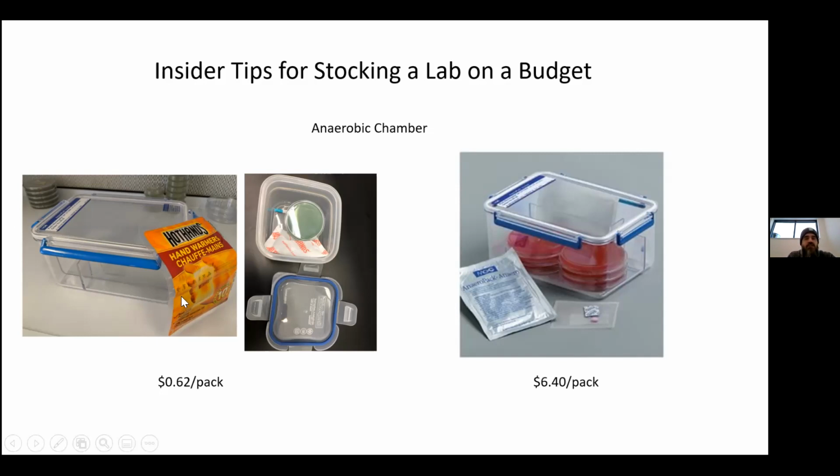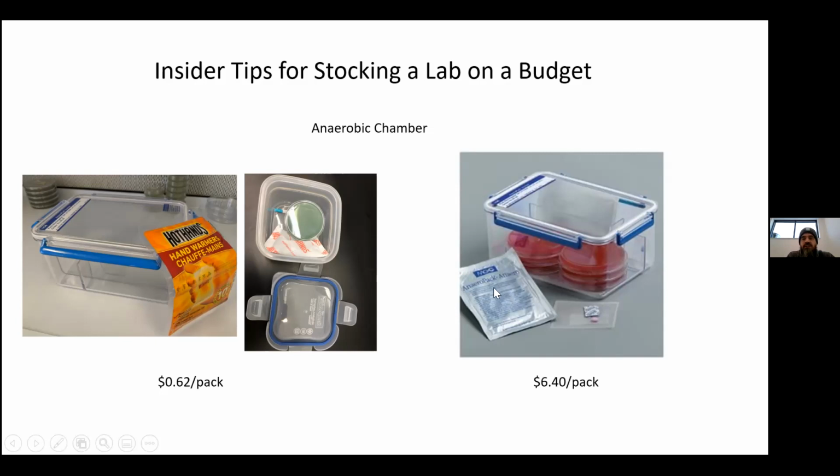But in any event, you can use Hot Hands. You just open the container, drop that into the container along with your plated micro sample, and that Hot Hands will soak up all the oxygen and turn that into an anaerobic chamber.